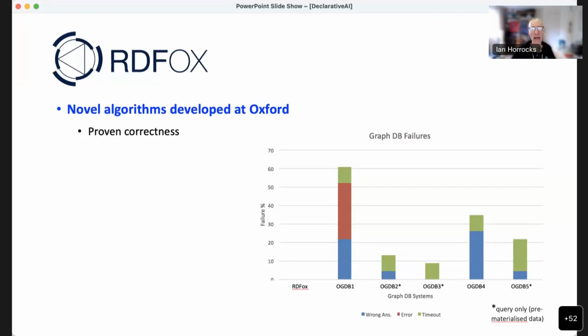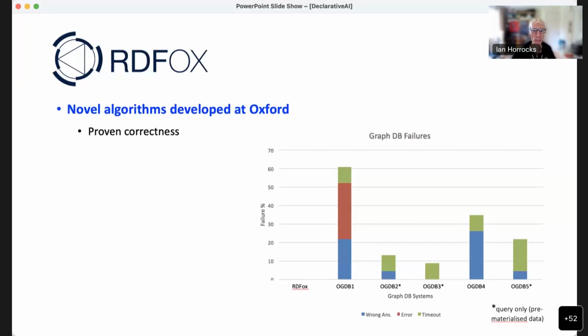But then it turned out that often we were getting different answers. And when we pushed into this, we were able to see that many of the other systems that we tested against were just broken. In fact, almost all of the other systems that we tested against turned out to return either wrong answers or just crashed, or for some queries, they'd go away and just churn indefinitely.